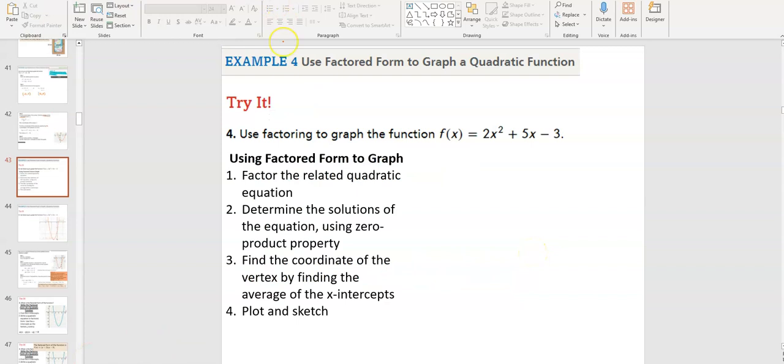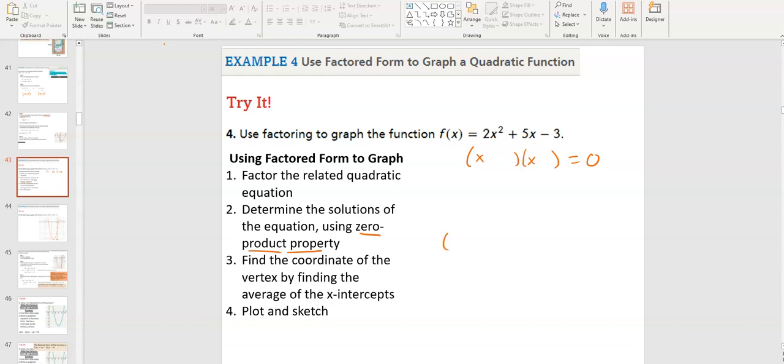Okay, so now you're going to try, and remember these are your steps right here. Factor the related quadratic equation. So you need to turn this into the two factors multiplied together equals 0. Then determine the solutions using the zero product property.